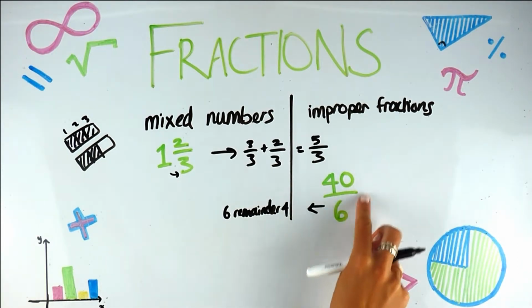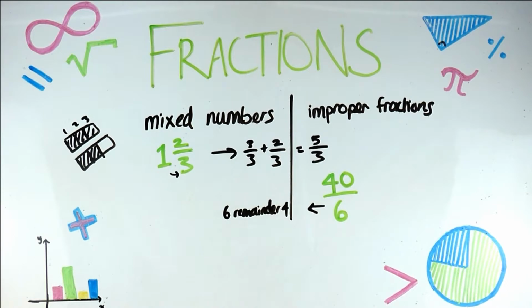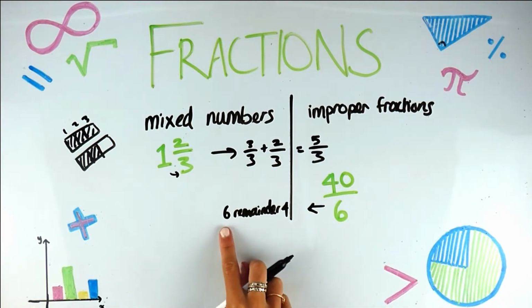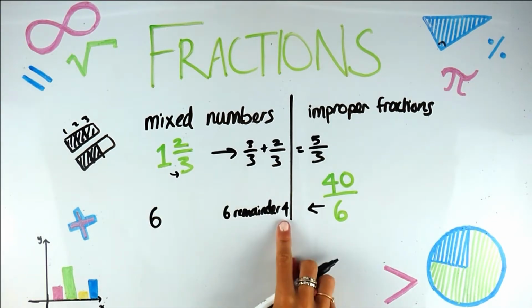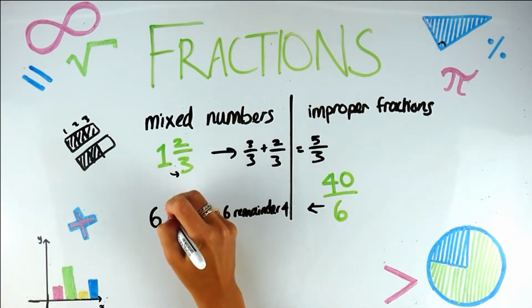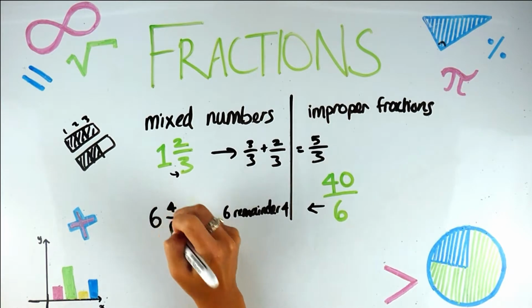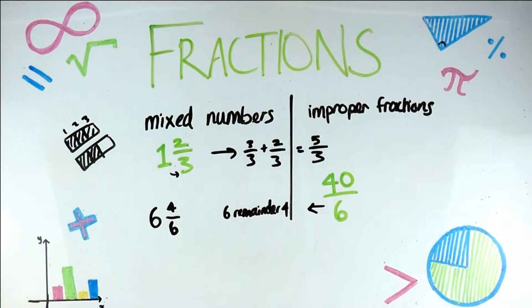So I take the 6, and I take this remainder, 4, up here, and I have 4 of the 6 left over.